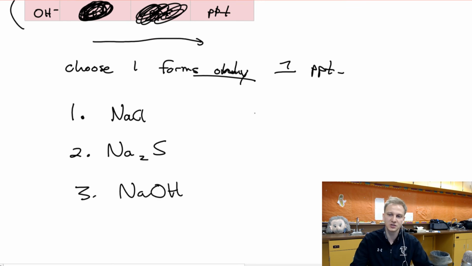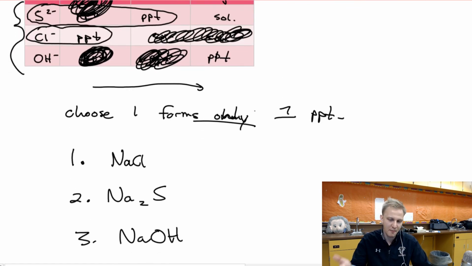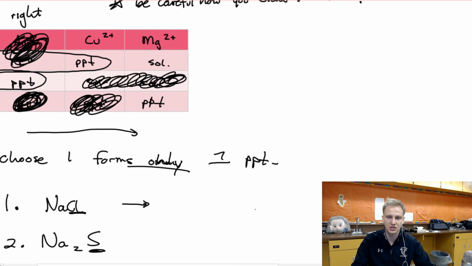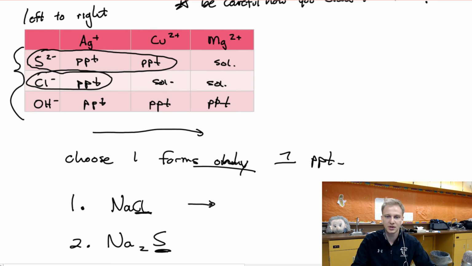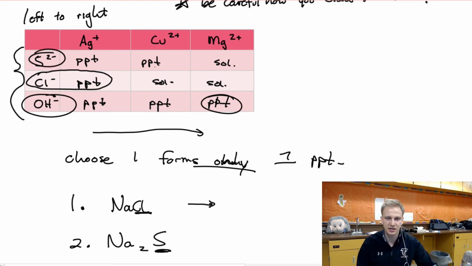Now some questions, what they'll ask is the actual compounds that you'll end up forming. So because we added the Cl, the S, and the OH in specifically to precipitate out those compounds, what we would know is that we are using this OH to precipitate out this, and we're using this sulfur here to precipitate out this.